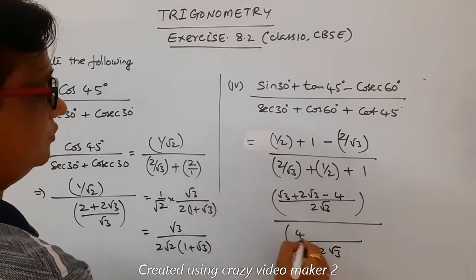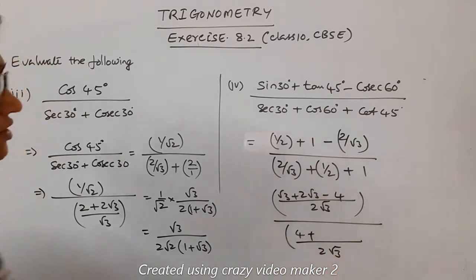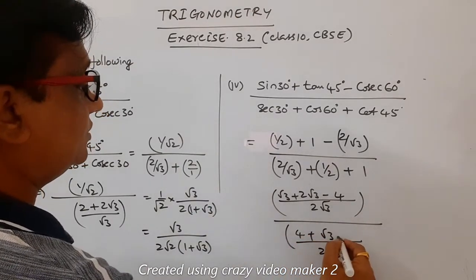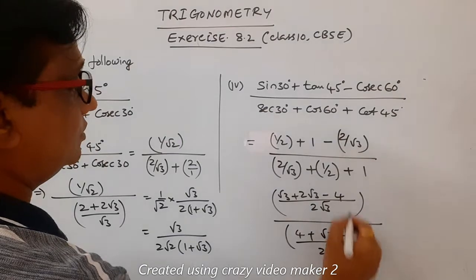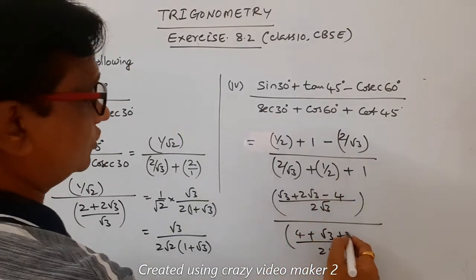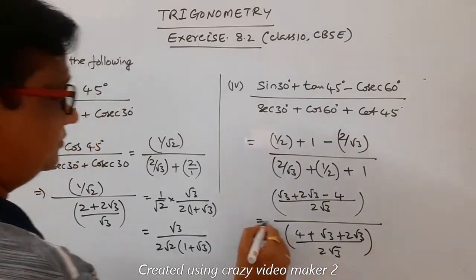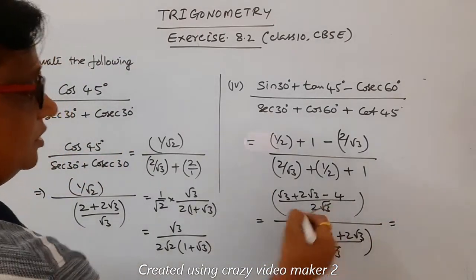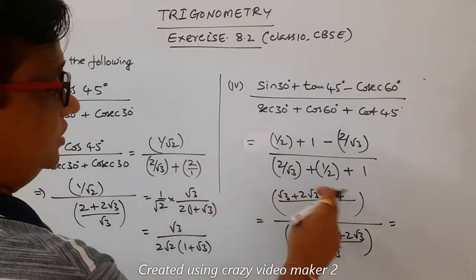Again here also the LCM is 2 root 3. So 4 plus these 2 root 3 minus, plus 2 root 3. So the denominators cancel.